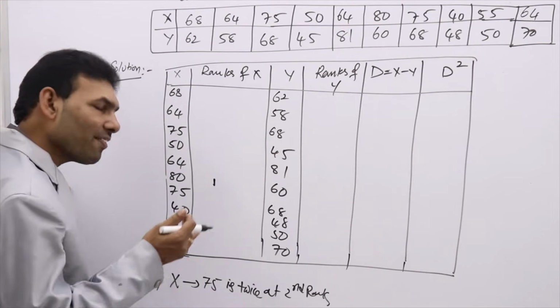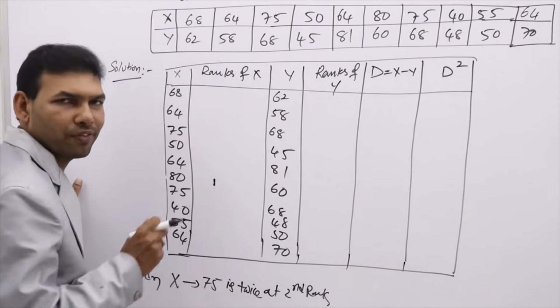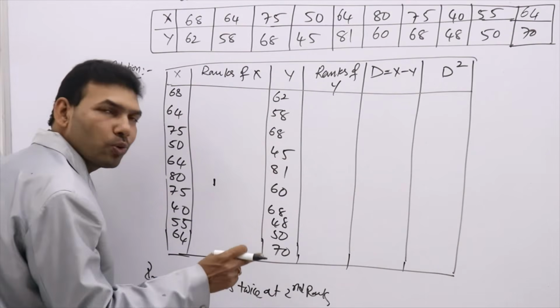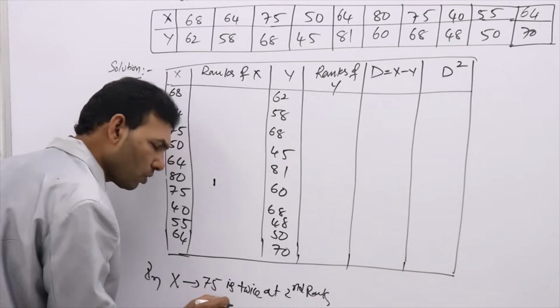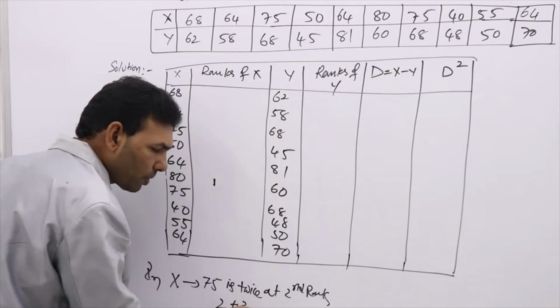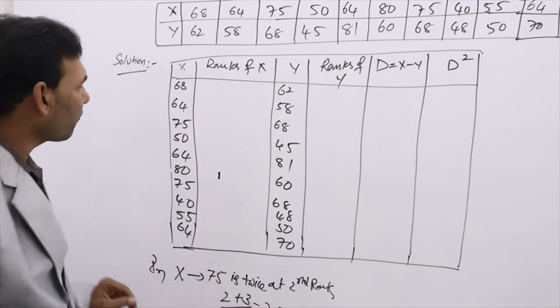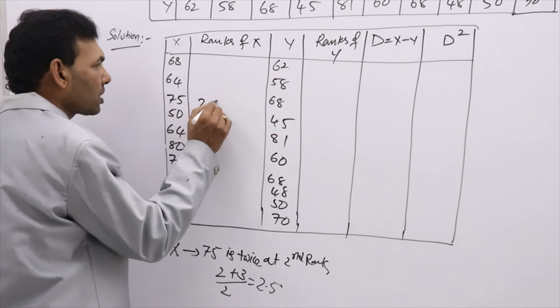Then take the average of 2 ranks from second rank, and that value you need to give for 75. What is the average of 2 ranks from second rank? 2 plus 3 by 2, that is 2.5. This 2.5 will be given for both 75s.